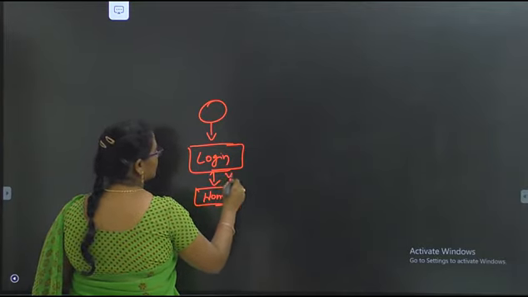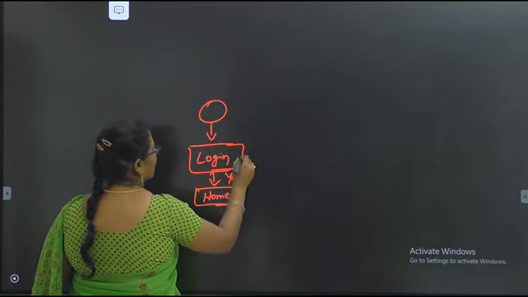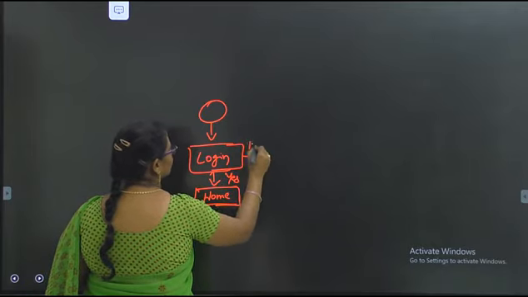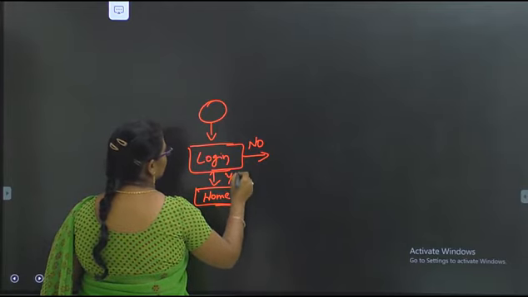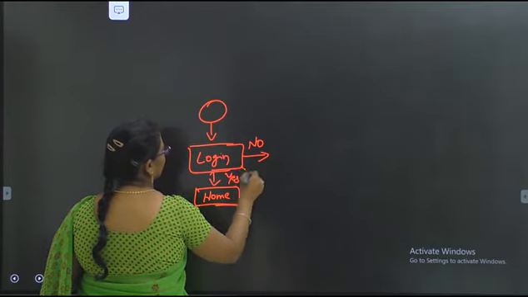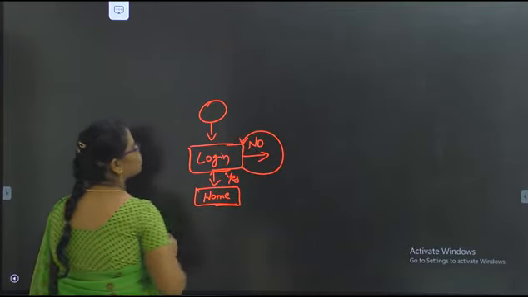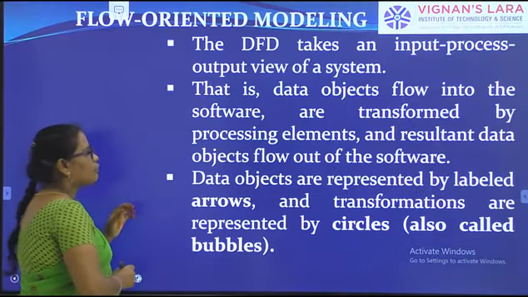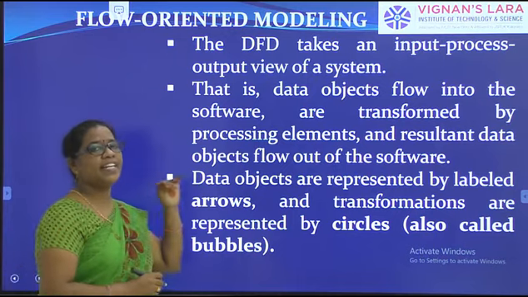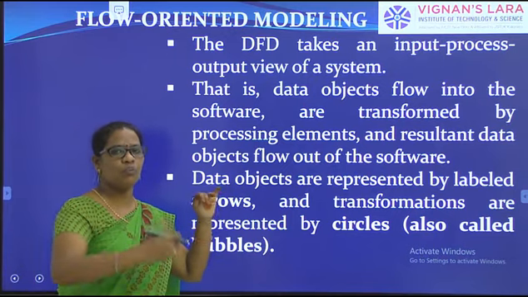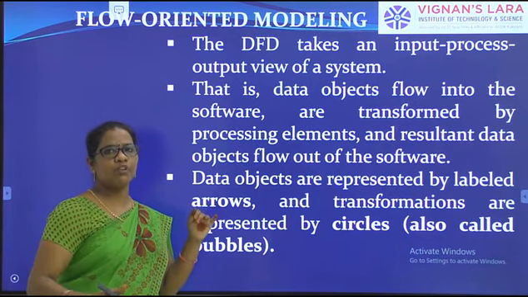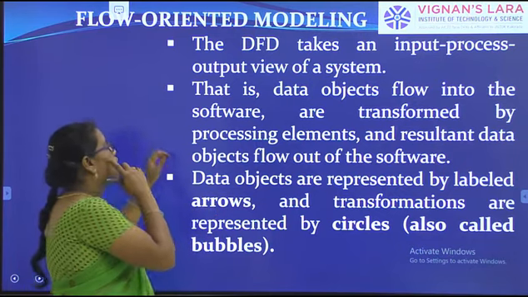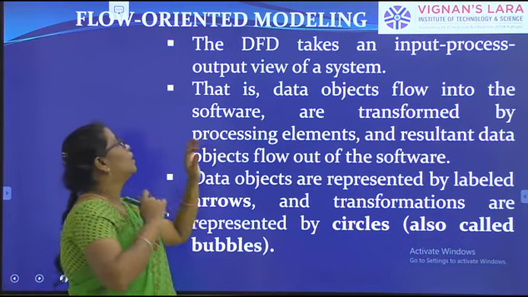If the password is correct, you get the home page; if the password is wrong, then what to do? Again, it has to go back to the login loop. Here we have to provide some loop. That means we are seeing how the data is flowing. If you do like this, what will the next step be? That is a flow chart, okay? I think you people know about this.